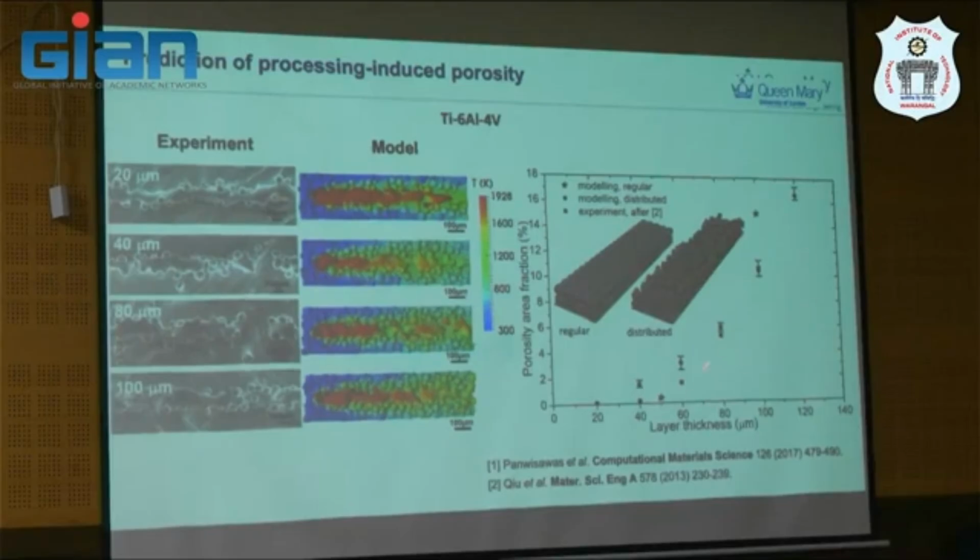So the predicted porosity level using representative distributed powder arrangement actually gives quite good predictive capability for the system investigated. Rather than using a simple regular arrangement, you will overestimate or underestimate the level of porosity in the build.